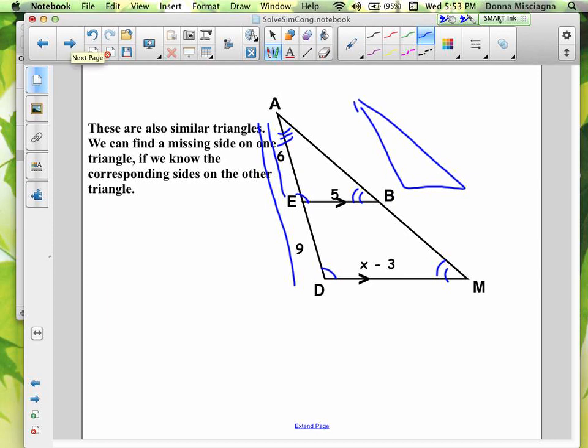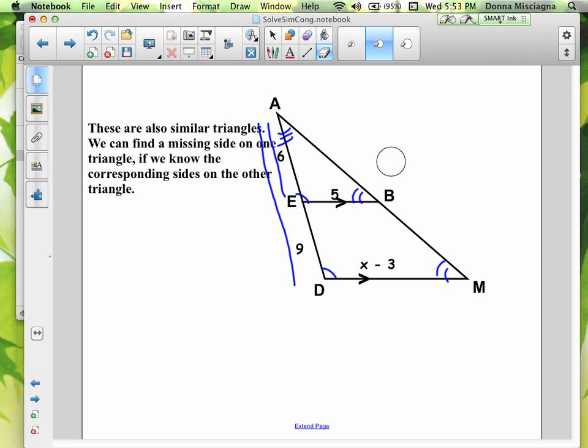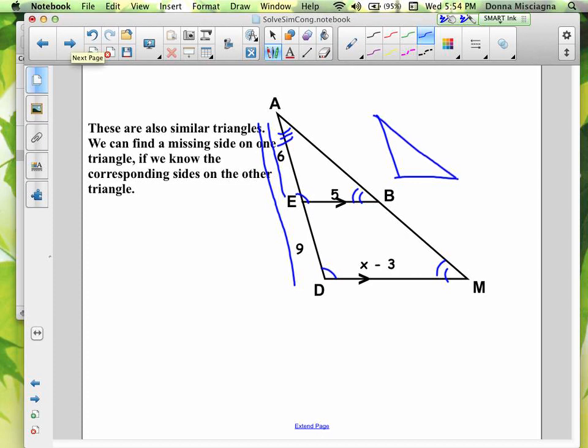Oh, that's a terrible looking triangle, isn't it? Let's try to make it just a little bit better. Well, it's just a little bit better, but it's good enough. All right, so we have A, E, B, and AE is 6, and EB is 5. And then we have the larger one.